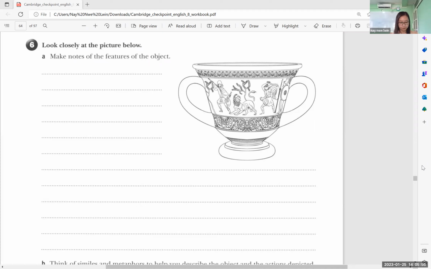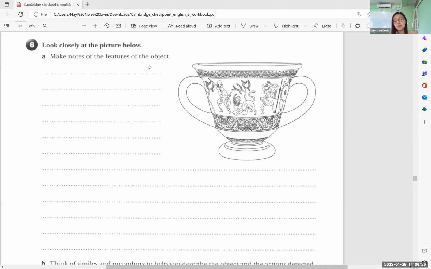Okay, so I think we still have to continue the exercise from the workbook, right? For unit 8, the page number is 57. You can see the object here, right? You have to give a description of this object as much as you can.